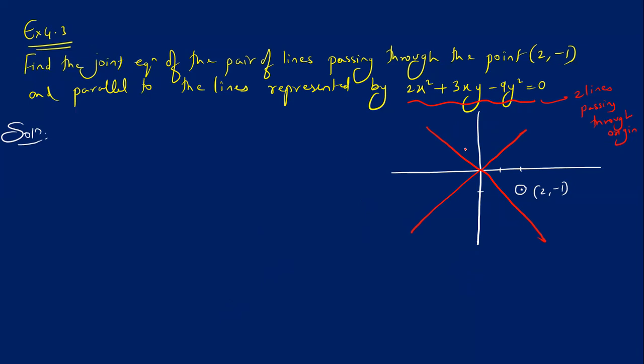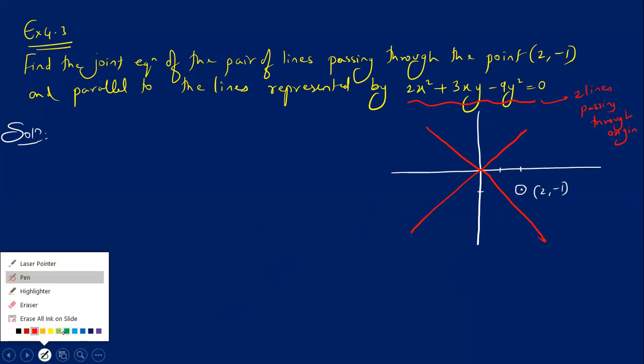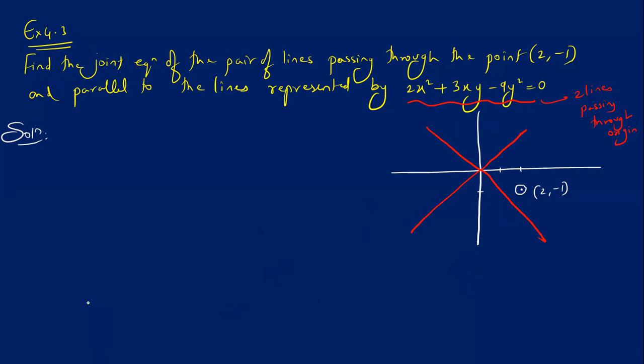Now if I find lines which are parallel to these two, it might look like this. They have to pass through this point. A line passing through this point should be parallel to this line, and the other should be parallel to the second one also.